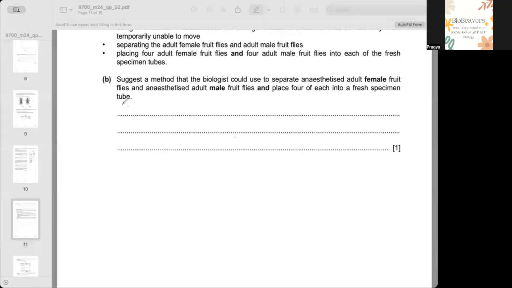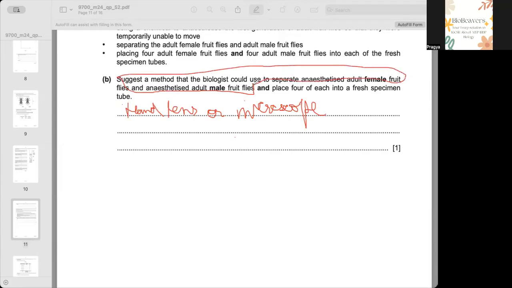So we use a hand lens or a microscope to be able to differentiate between the male and the female fruit flies. This is one part. So this was the first part. This is the part which is just before the 'and'. So this is how I've tried to separate.